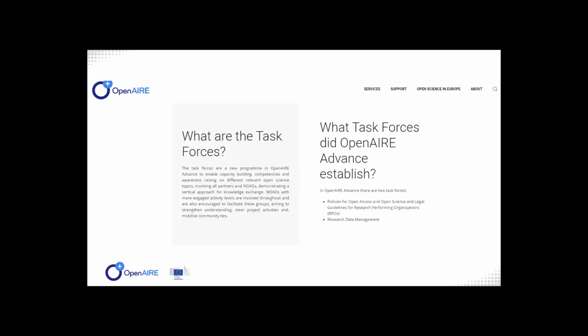And in the context of the policy and legal task force, we have developed, among others, policy templates for funders and research institutions to facilitate and support them, all those who wish to either develop or align their policies with the European framework. We have also developed checklists, and we have organized a series of webinars to exchange ideas and best practices.